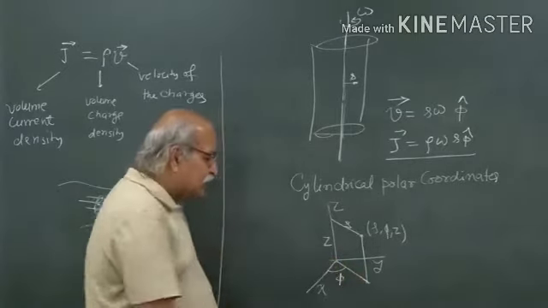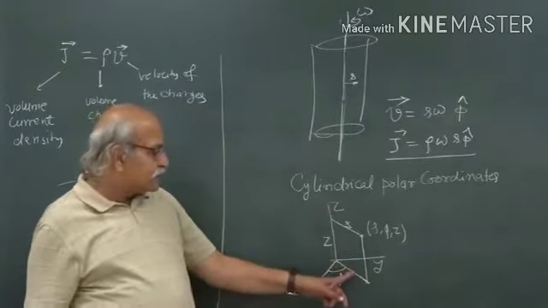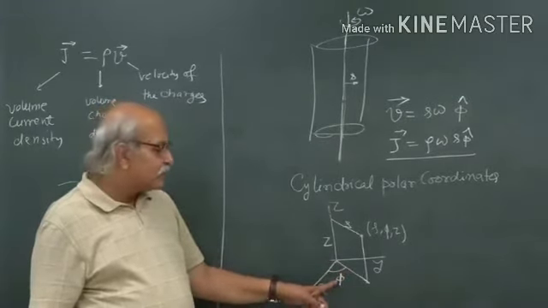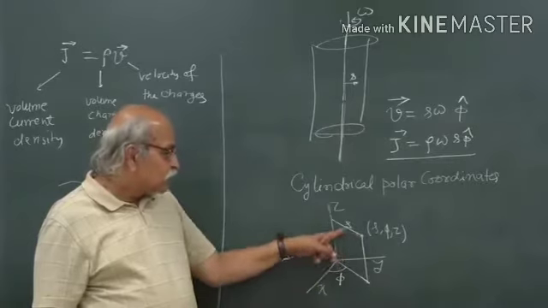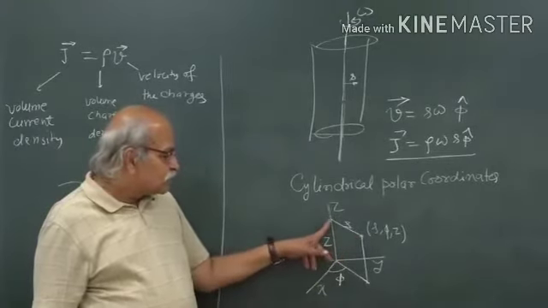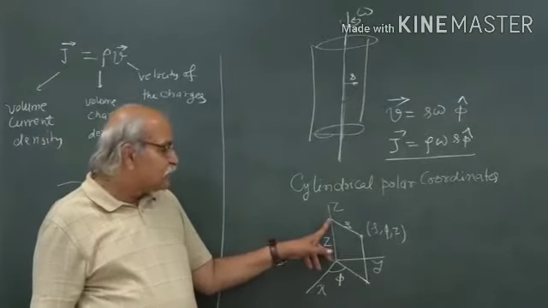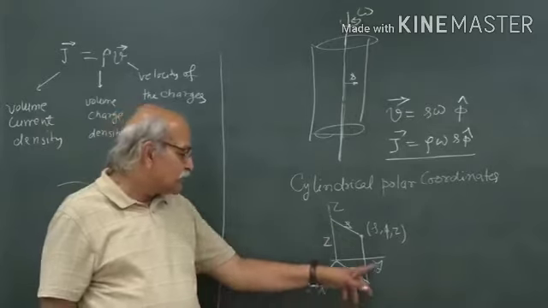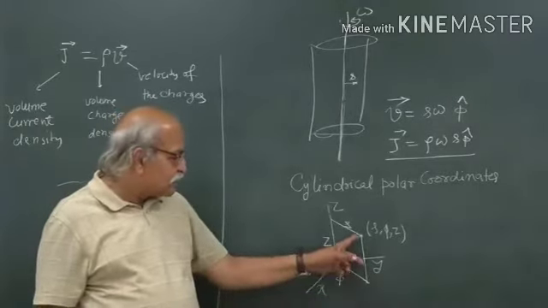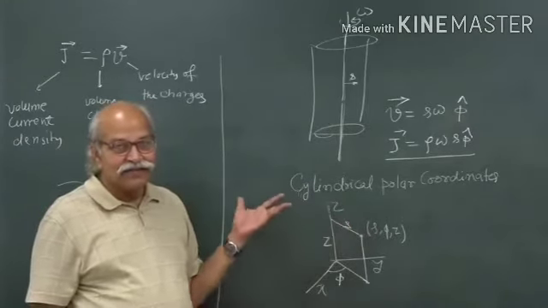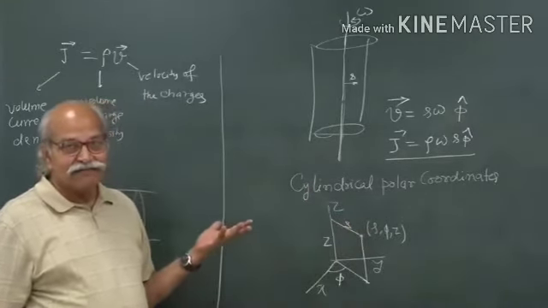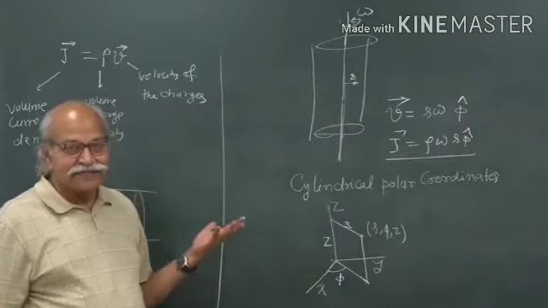The angle between the x axis and that line is phi, and z is of course how much above the xy plane it is. So, when you draw the perpendicular, this OZ will be small z, or you can say it is the distance of this point from the xy plane. So, these are the three coordinates s, phi and z.